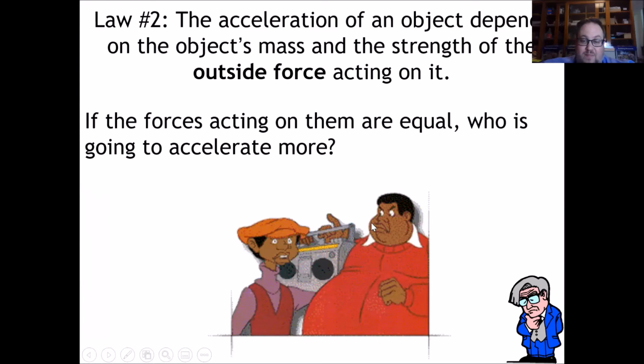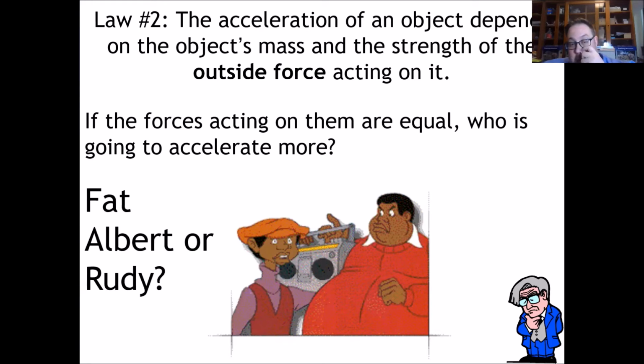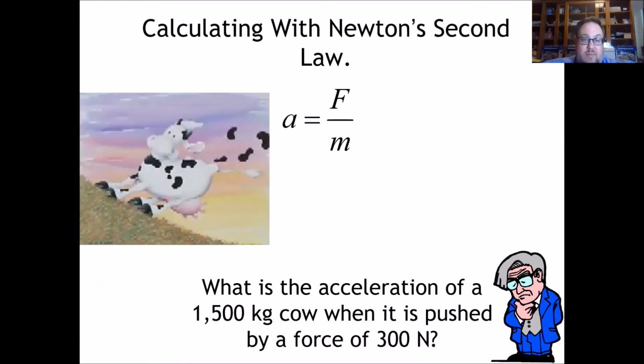And I used to watch this, and my childhood was awesome because of it. So let's compare Rudy, who's a little smaller, and Fat Albert, who is a little large around the middle. If the forces acting on both of them are equal, who should accelerate more? I think common sense tells us, and also Newton's law, that Fat Albert is not going to accelerate as much as Rudy. Fat Albert has a lot more mass.